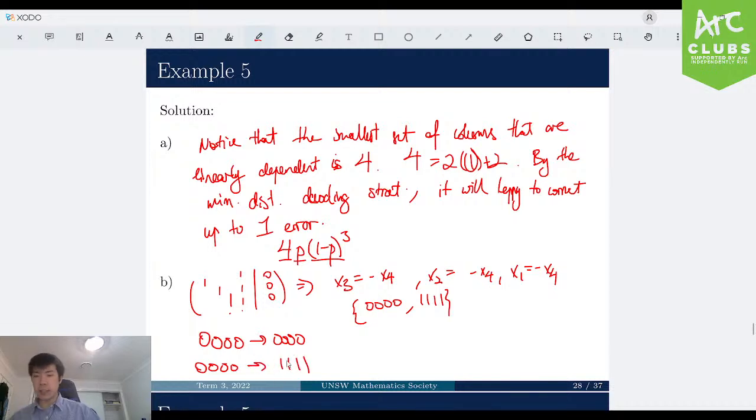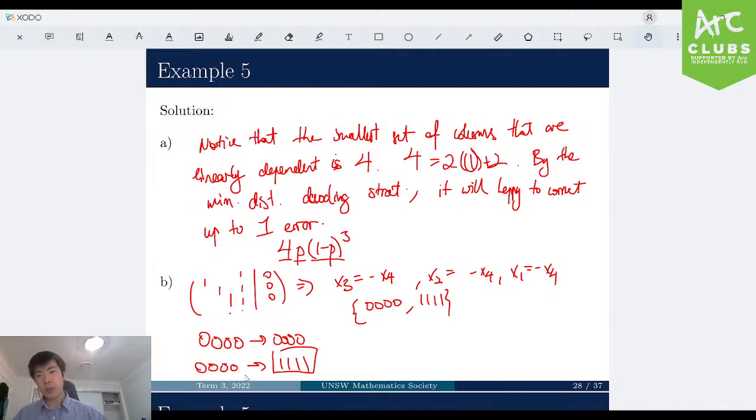Because if there are errors everywhere, none of our strategies would detect that there was an error in the first place, right? Because they're all ones, there's no odd one out. We would just assume that, okay, it's all ones, so it must just be all ones.